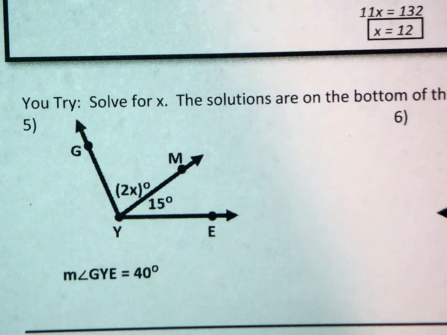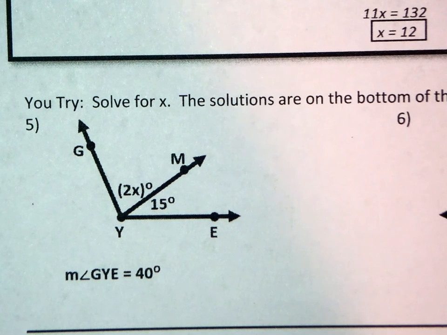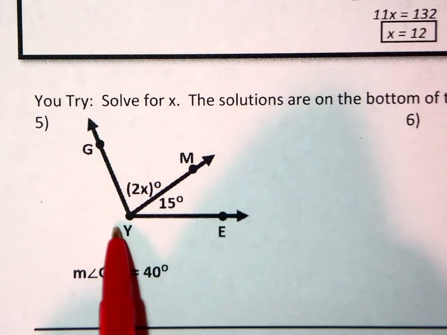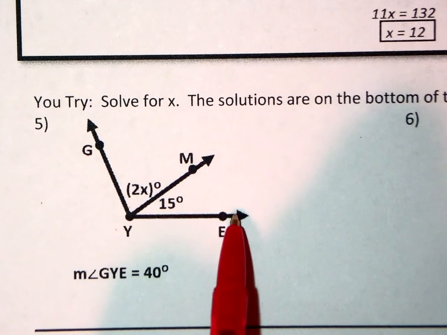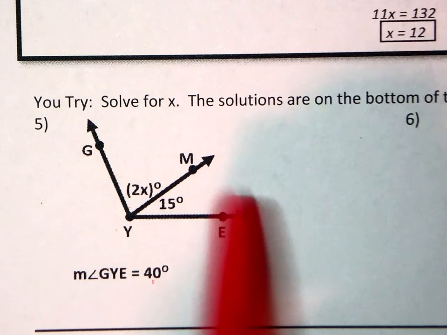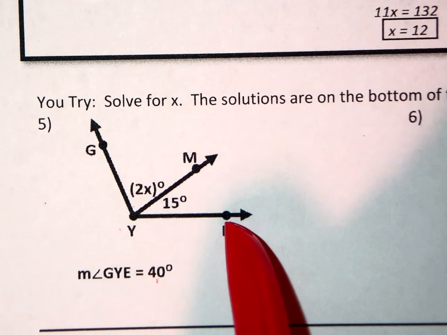Problem number 5 asks for you to solve for x again, except this time we're given an angle measure, and you're told that GYE is 40 degrees. Now, yes, I realize that the actual given angle is not 40 degrees.